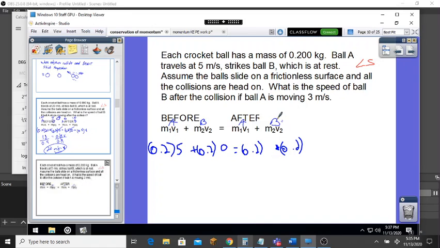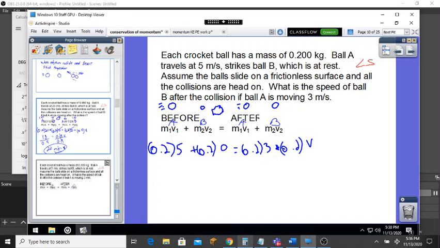So we want to know the speed of this one if A continues moving at 3. So here you have this ball moving, A. This one is not moving. It collides, boom, right there. So now the problem is asking, what is the speed of B if A is moving at 3?